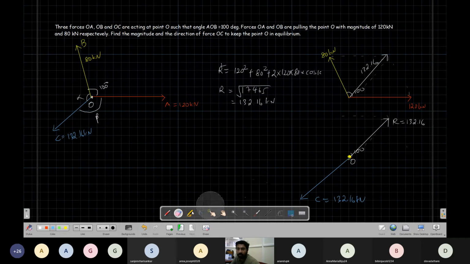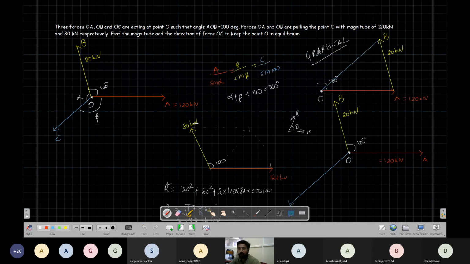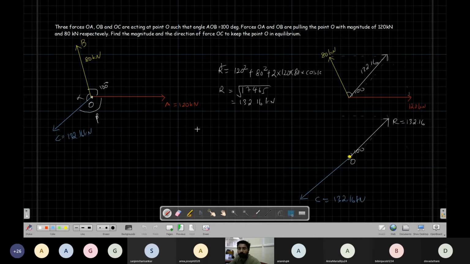Right? So this will remove. Now I know from my previous class, I'll use Lami's theorem.